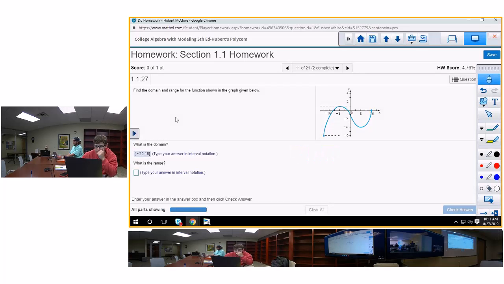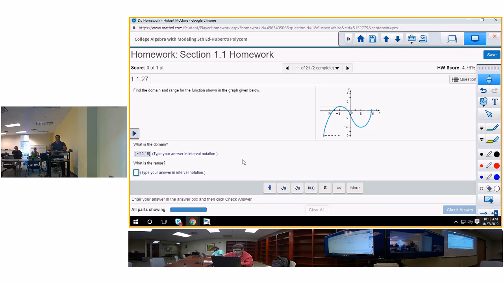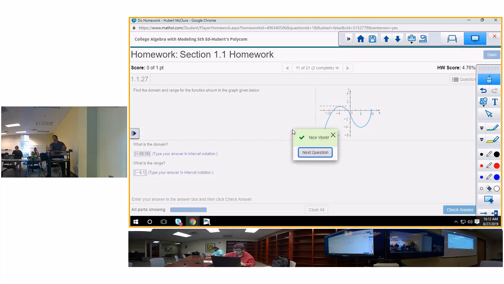And -6, comma, oh, of course. Hard enough to do with a computer, much less when you've got three different screens. -6 to what? +1, close brackets. And you feel good about yourself.